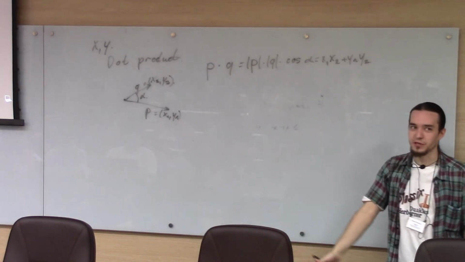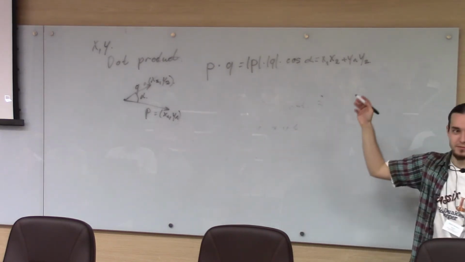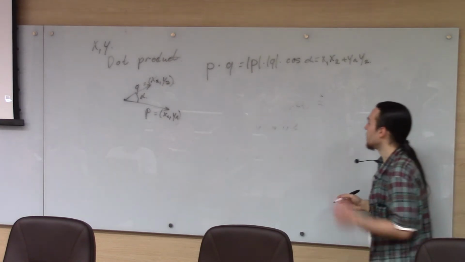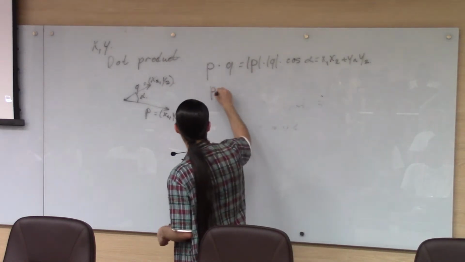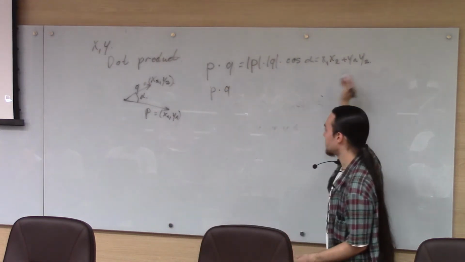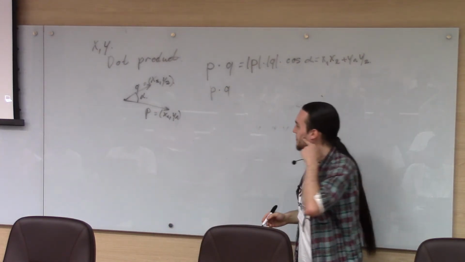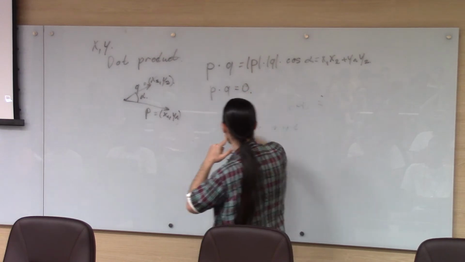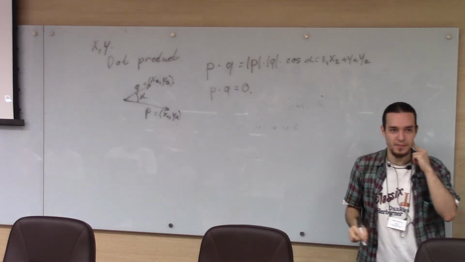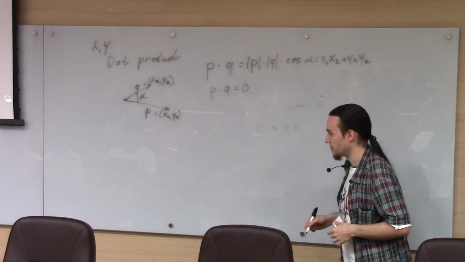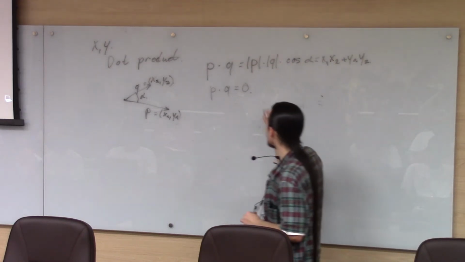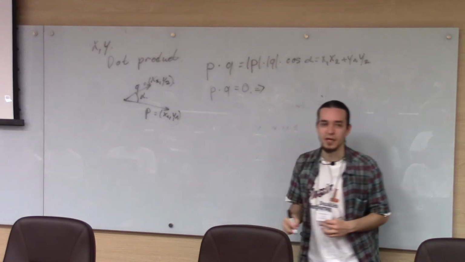What information can we gain just by looking at this number? For example, let's suppose that we have computed this using the formula, and it turned out to be 0. Can we make some implications about that?